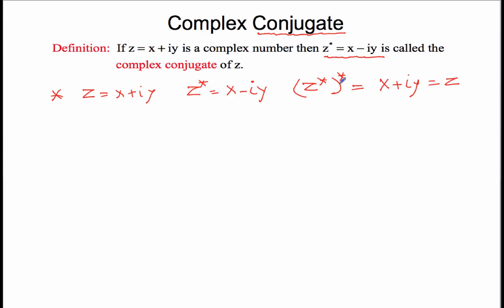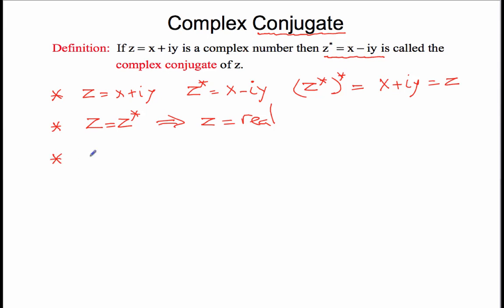So z star star is z itself. Let's take another one. If z is equal to z star, then that means that z is real. That is to say, it has no imaginary part y to it.